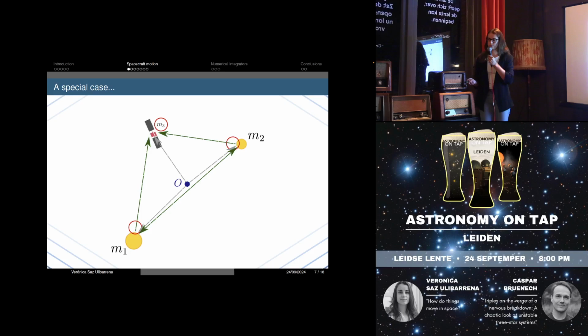The reason we can assume that is a thing called the sphere of influence. This is just an imaginary sphere where we assume that inside of it, if we have a spacecraft orbiting, what is affecting it most is the Earth, because as we said, the effect of gravity depends on distance.